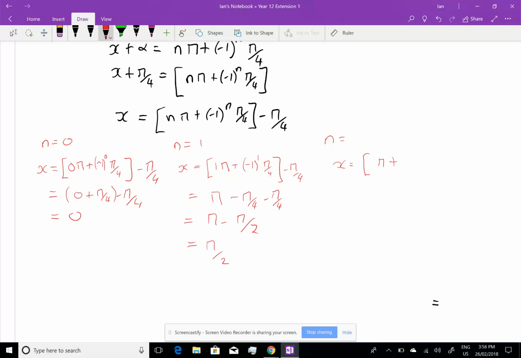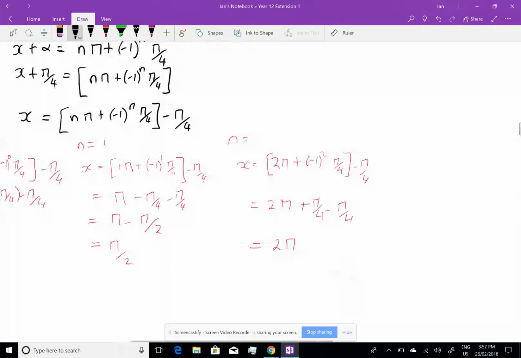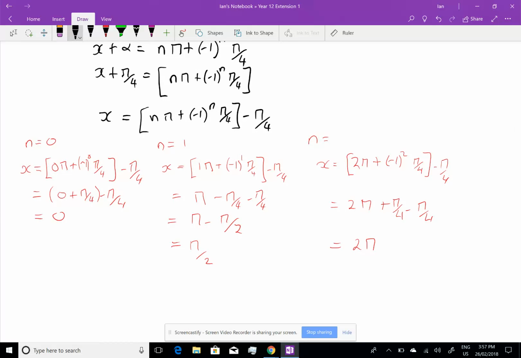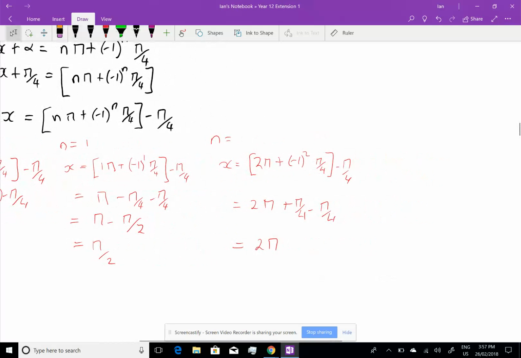N equals 2, I'll get 2 pi plus minus 1 to the 2 pi on 4 minus pi on 4, which gives me 2 pi plus pi on 4 minus pi on 4, which equals 2 pi. And would you look at that? It's 2 pi from the first one. Let's go on a bit further. And that was n equals 2.